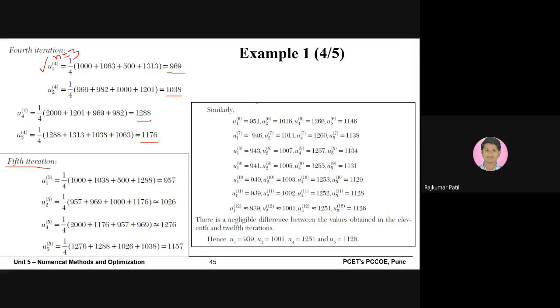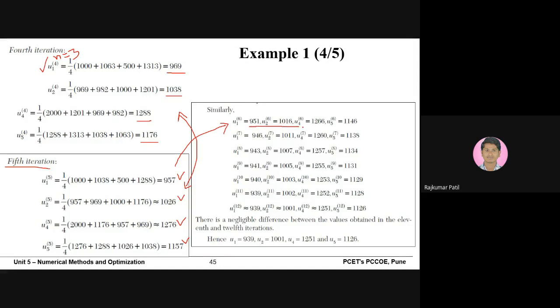Then again do the fifth iteration. So 957, 1026, 1276 and 1156. Again, if you compare the values of the fourth iteration and fifth iteration, there is a significant difference. So go for the sixth iteration.